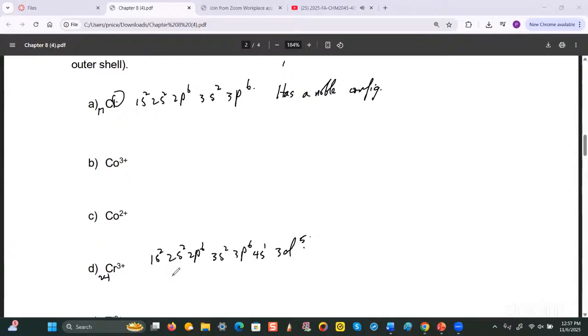Remember, you start removing electrons from the highest shell, from the valence shell. 4s1, right, exactly. Start removing electrons from here. So the 4s sublevel will disappear. Then you're going to remove 2 more from the 3d, and you're going to end up with 3 there. So the actual configuration of chromium 3+ would be 1s2, 2s2, 2p6, 3s2, and then 3d3. And that's it.